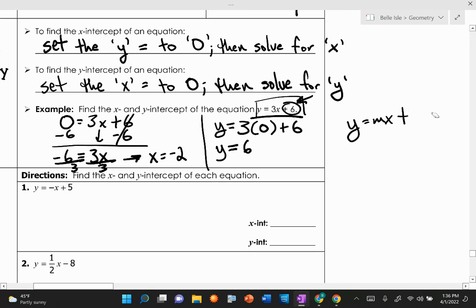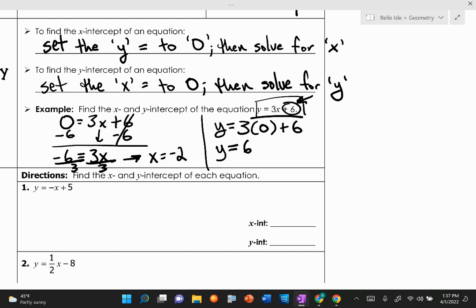So this is how you need to write your answer. What are our answers representing? Where the line crosses the x and y axes. So your actual answer, the actual x and y intercept, are points.